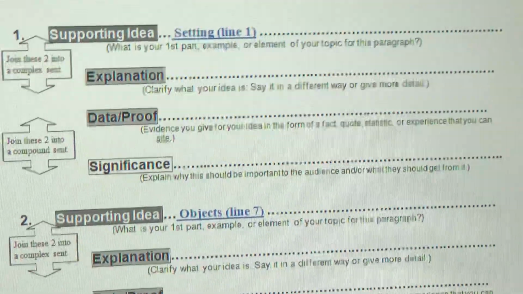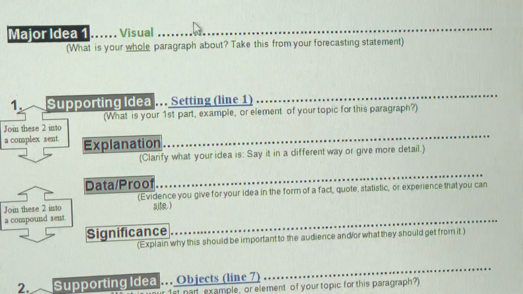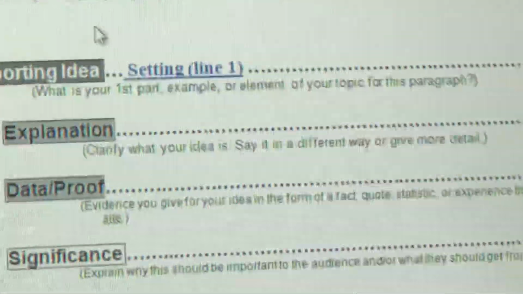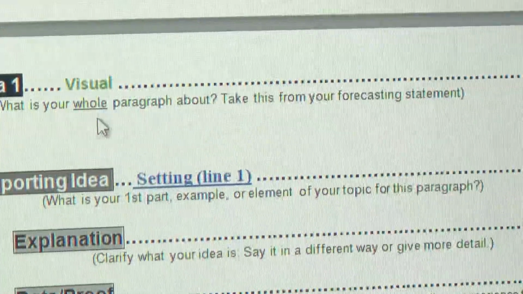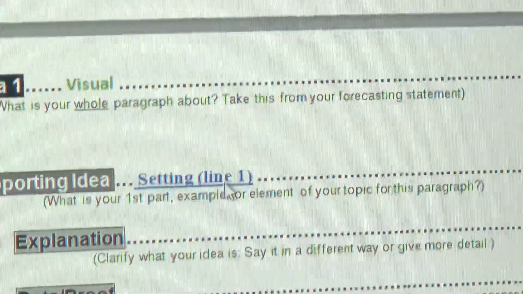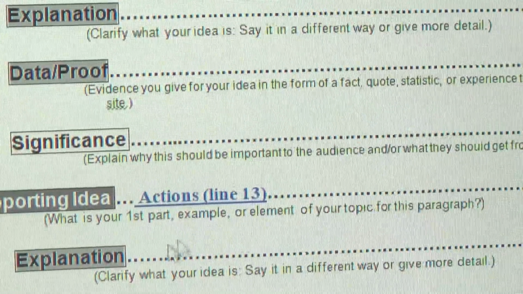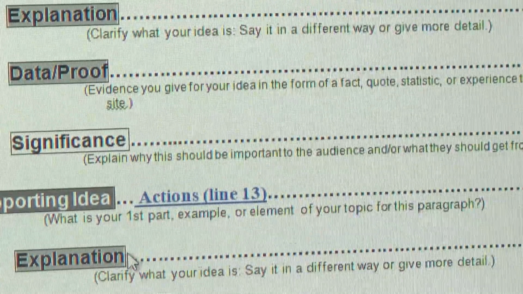So, come back over here, and I moved back up to my first major idea, which was visual imagery. And I need to move over my examples. So you can see here I've got line 1, line 7, line 13. All I have to do is move these.